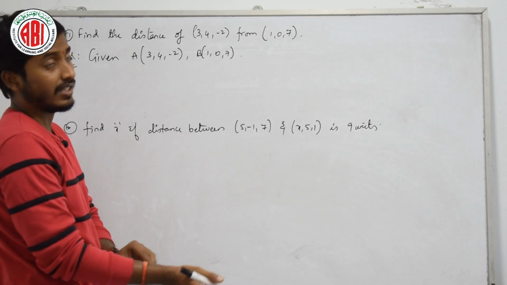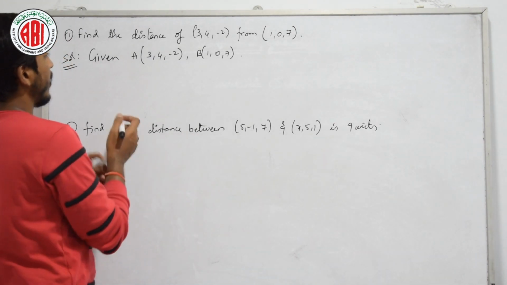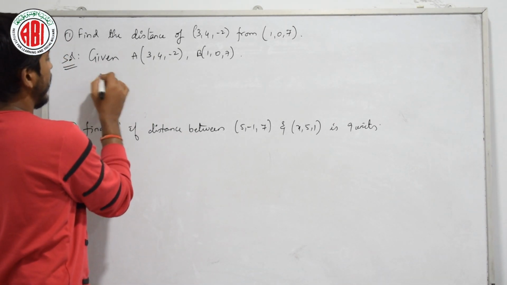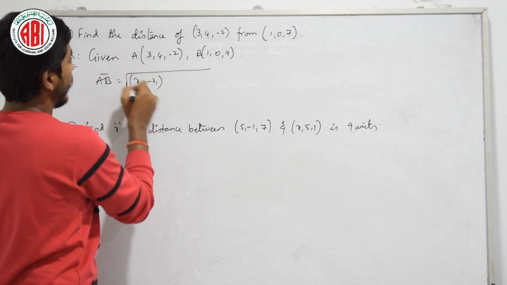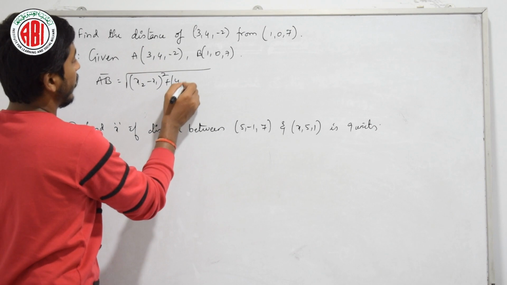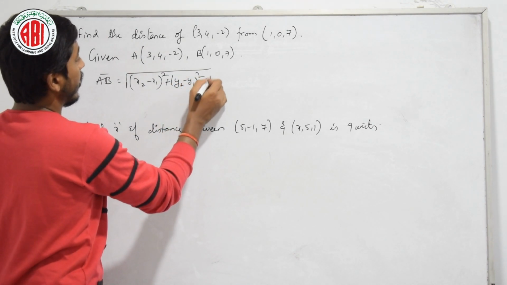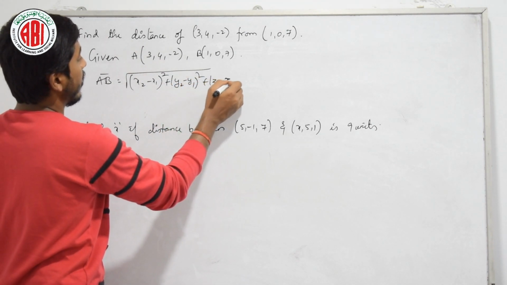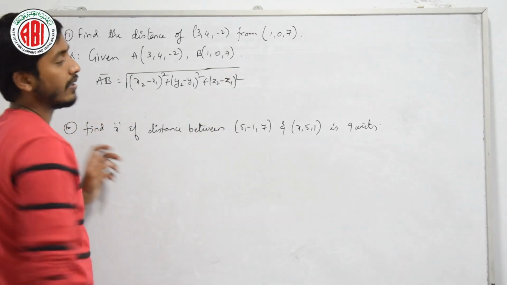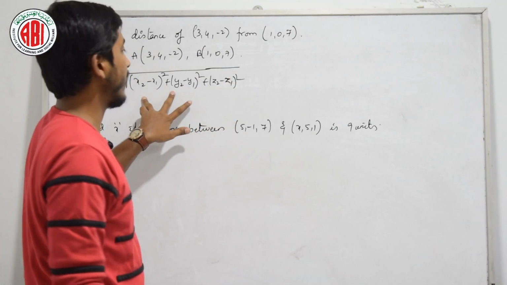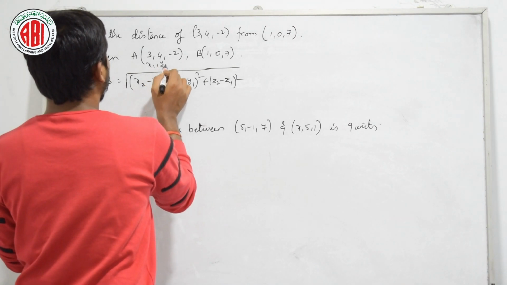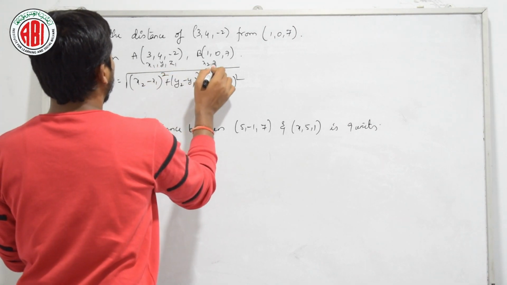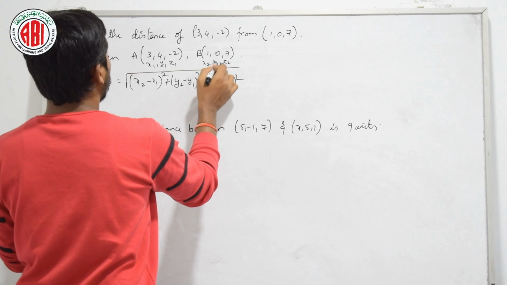Then what is the distance formula? The distance AB is under root x2 minus x1 whole square plus y2 minus y1 whole square plus z2 minus z1 whole square. What are x1, y1 and z1? Those are the coordinates of the first point, x1, y1, z1, and x2, y2, z2. Is it right?